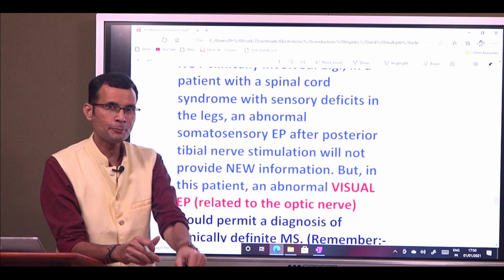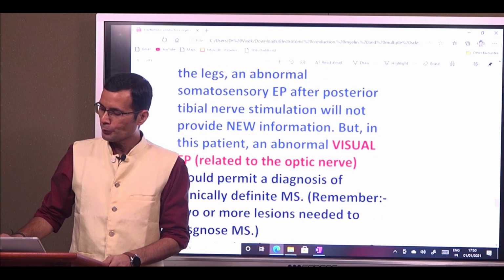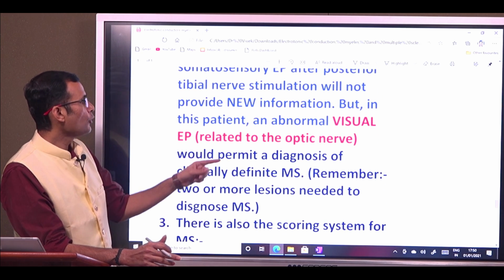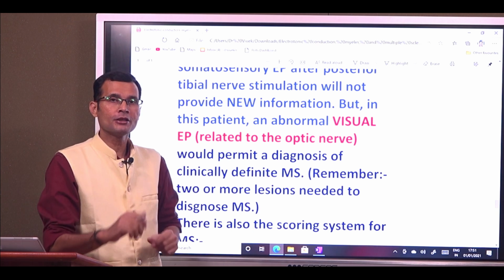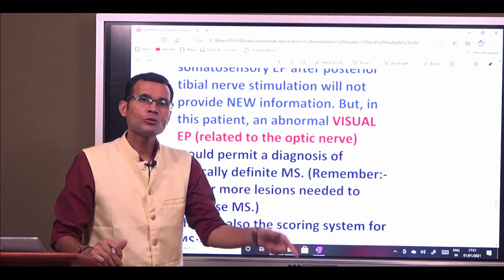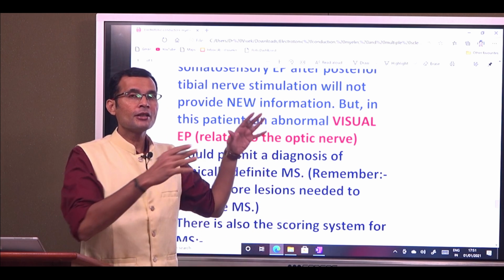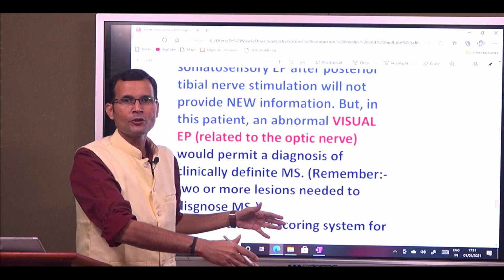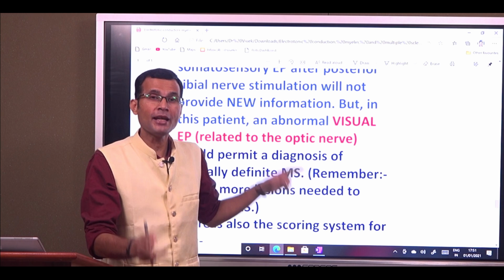But suppose in this patient you perform MRI or evoked potentials and an abnormal visual evoked potential is found related to the optic nerve, then yes, it will be helpful in the diagnosis, because remember what we said in the clinical definition of multiple sclerosis: there should be two episodes separated by time and space.